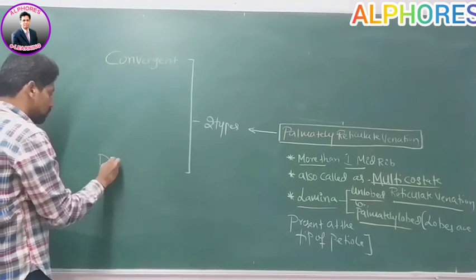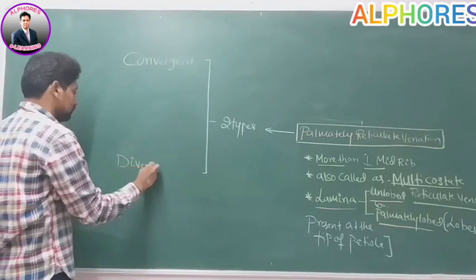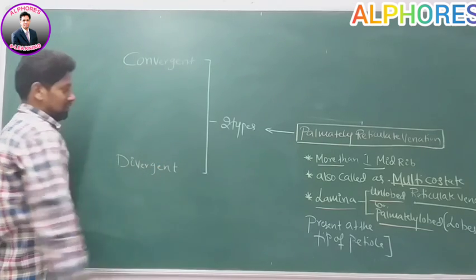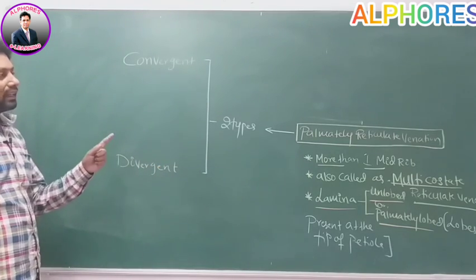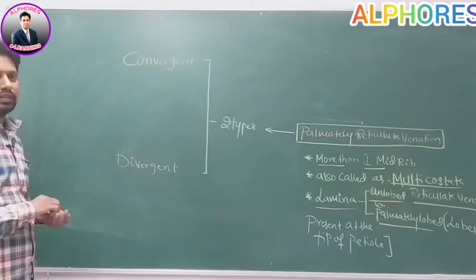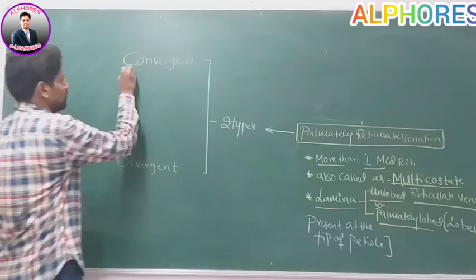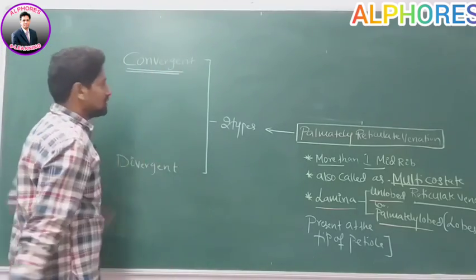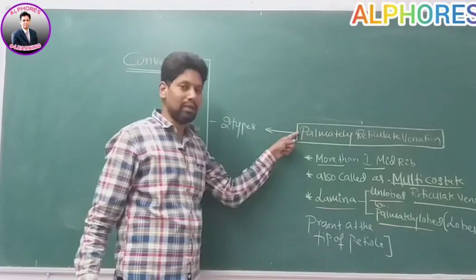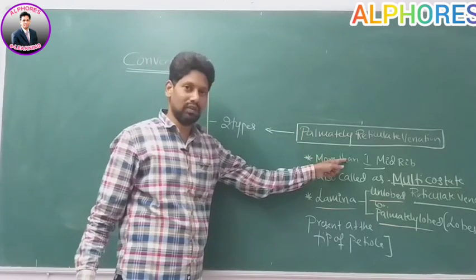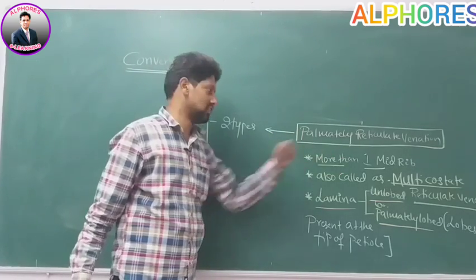Sir, palmately reticulate venation is of how many types? Two types. What is the first one, sir? Convergent. Sir, convergent palmate, right? How many midribs? More than one midrib.